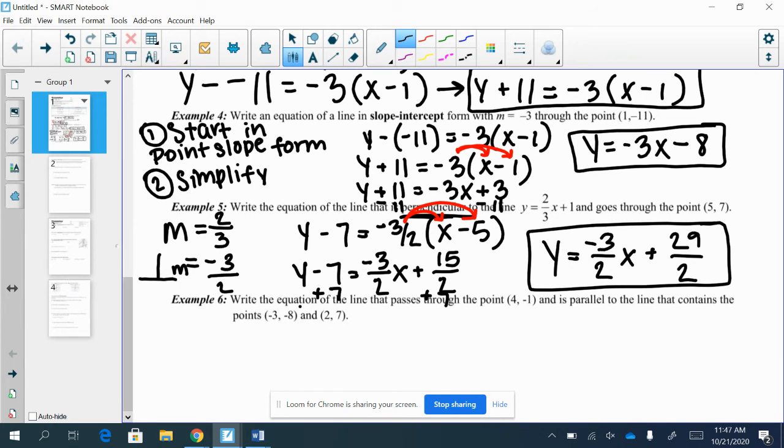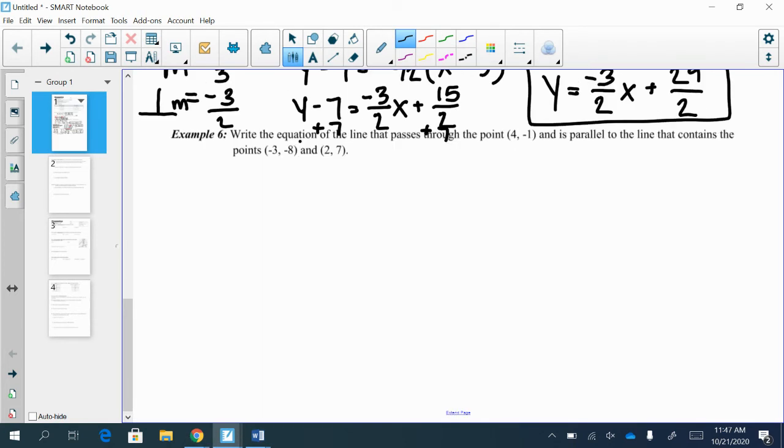All right, and then this last one, write the equation of the line that passes through the point 4, -1, and is parallel to the line that contains the points -3, -8, and 2, 7. First, we have to find the slope between these 2 points. Okay, so finding the slope between these two, we have -3, -8, and we have 2, 7.